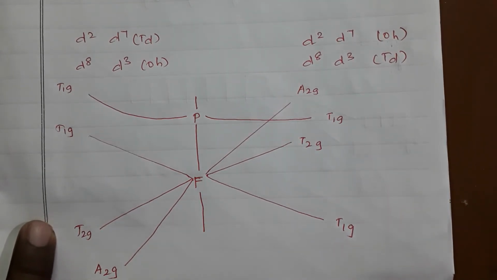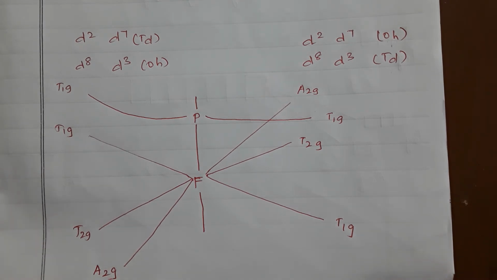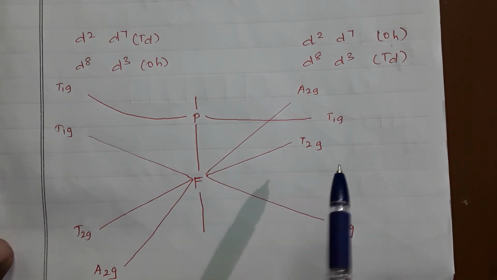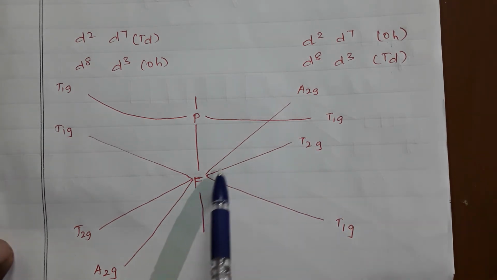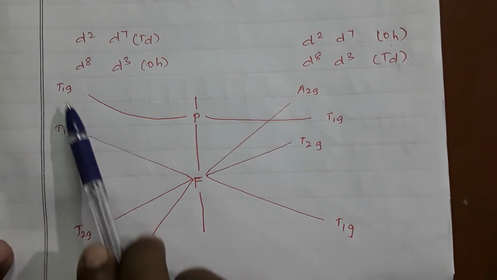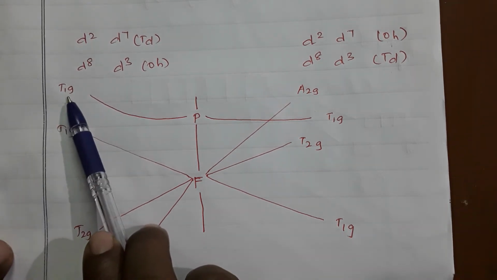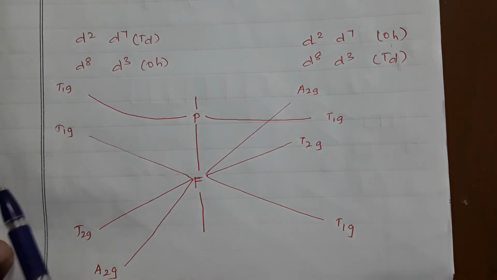So we can see three types of electronic transition in the F term. Here it is crossing over because these are the same term, T1g and T1g, so the repulsion will take place.